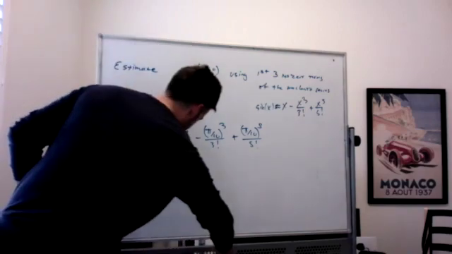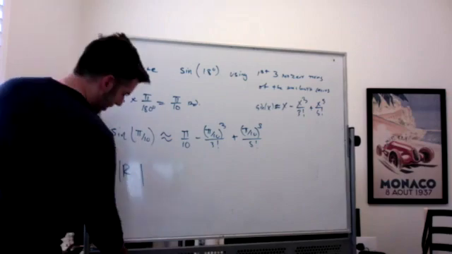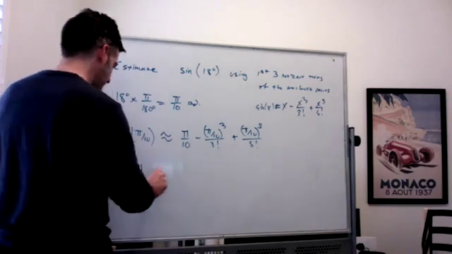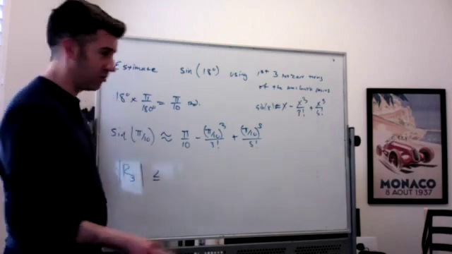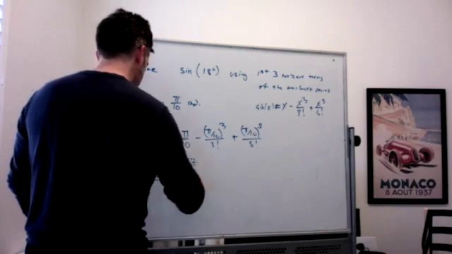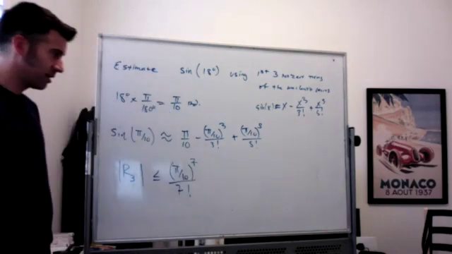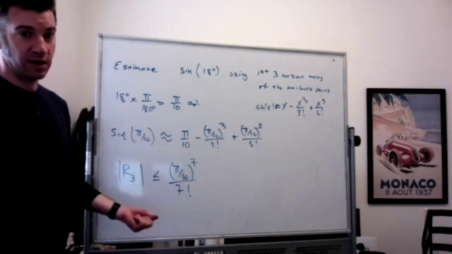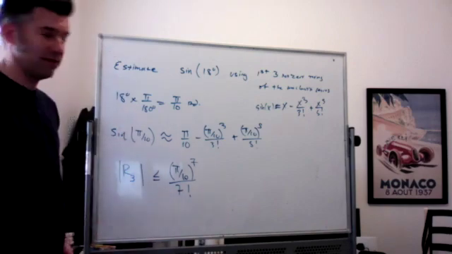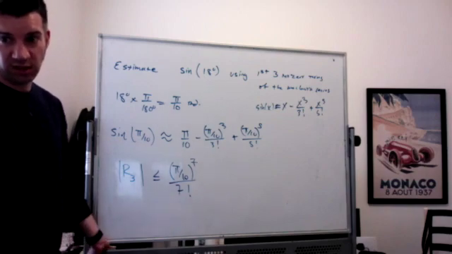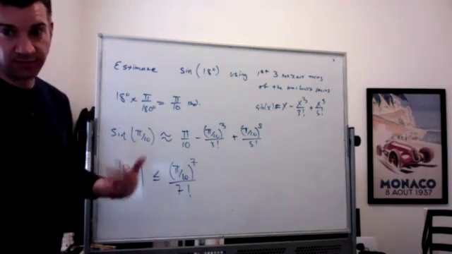And no, it's probably R3. It's always kind of weird when you have things that skip terms. So R3 is less than or equal to the next term, which is going to be pi over 10 to the 7th over 7 factorial. So whatever this estimate is, it is definitely within this much of the actual value of sine of pi over 10, which is interesting because it's alternating.